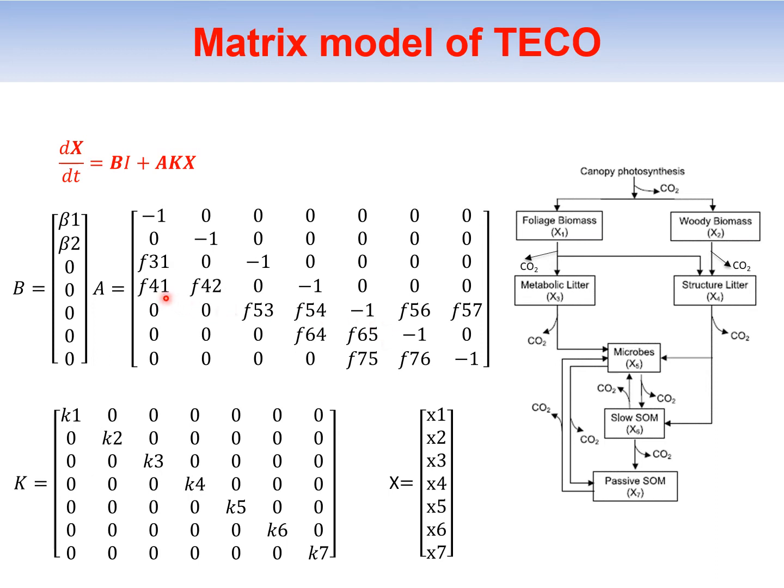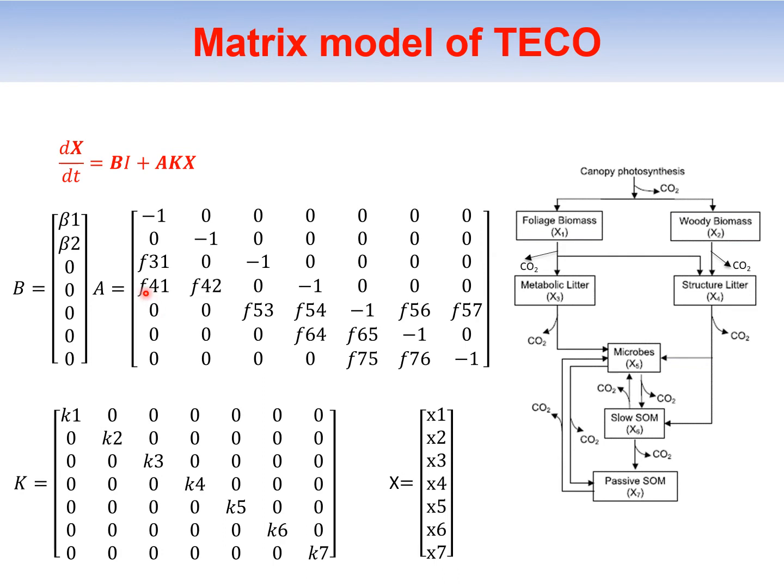Those non-zero elements of the off-diagonal component of the A matrix correspond to the fraction of carbon flux that is transferred from the i-th to the j-th carbon pool. The i here is the column number and j here is the row number.